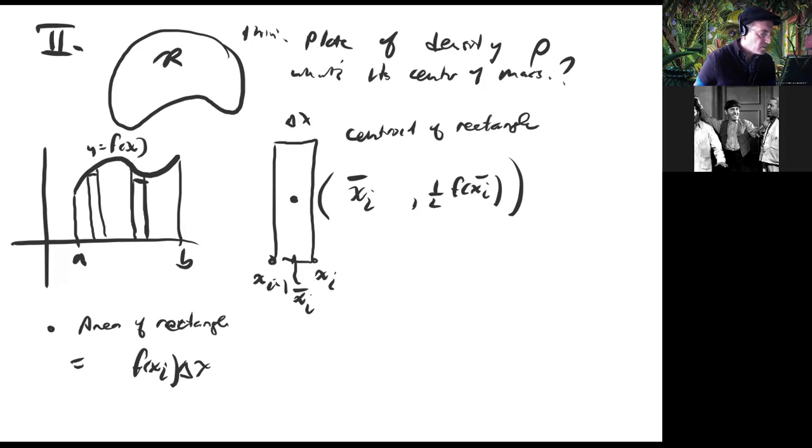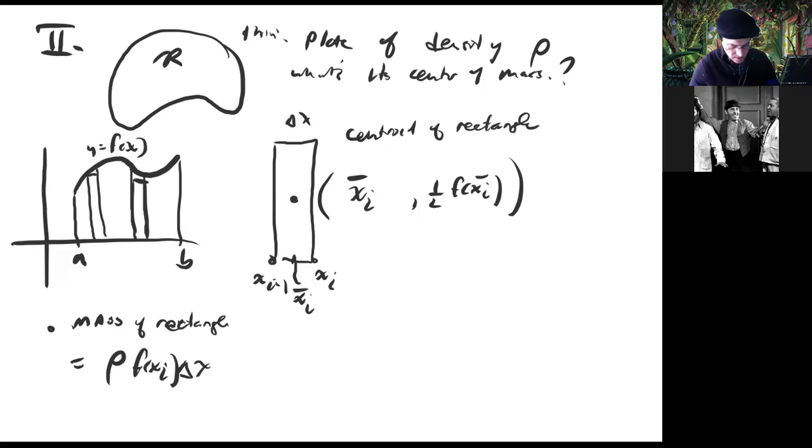And actually, I don't want to calculate the area of the rectangle. I want to calculate the mass of the rectangle. So let me put a rho in and call this the mass of the rectangle, because I'm assuming that there's a thickness and a density, so it would be rho f of x_i delta x.